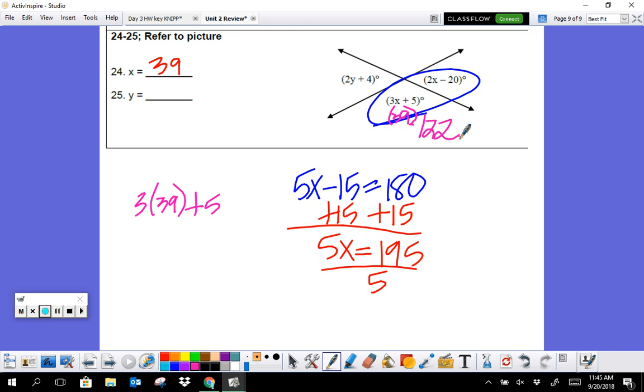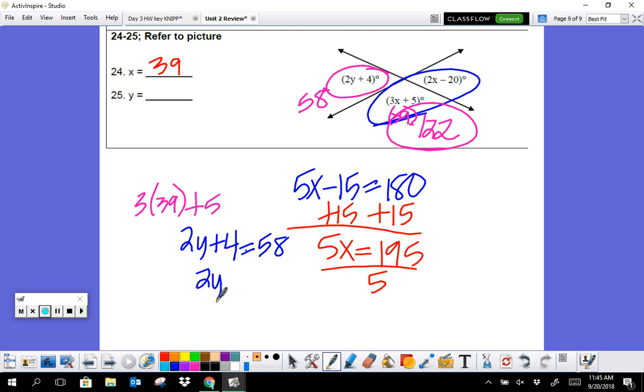Okay, so that means this other angle and 122, those are going to add up to be 180, which means this angle needs to equal 58. So now I'm going to set 2y plus 4 equal to 58. So I have 2y equals, if I subtract 4 from both sides, that gives me 54. And now if I divide by 2, that gets me 27.